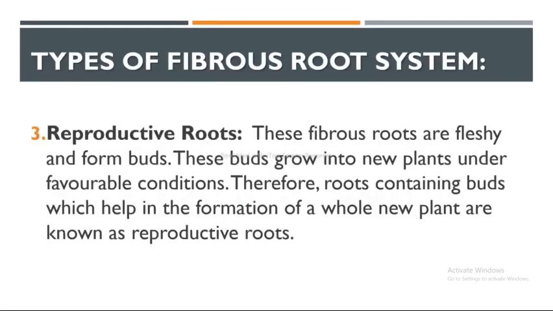The next type of the fibrous root system is reproductive roots. These fibrous roots are fleshy and form buds. These buds grow into new plants under favorable conditions. Therefore, the roots containing buds which develop into a new whole plant are known as reproductive roots.